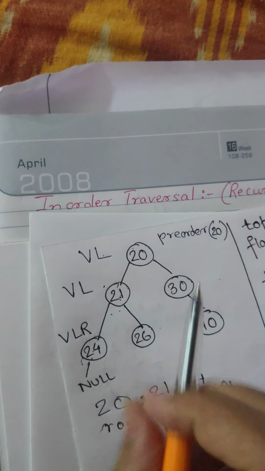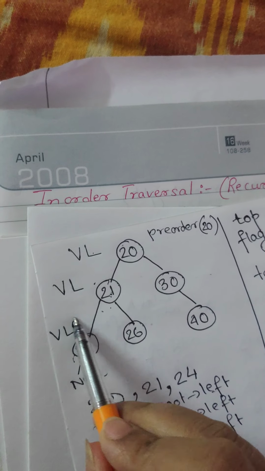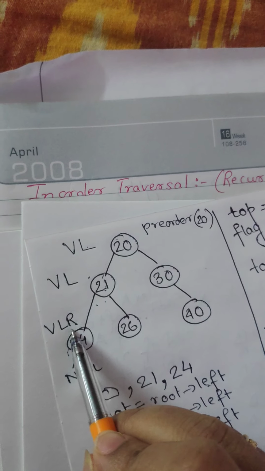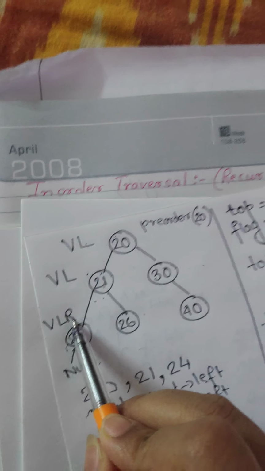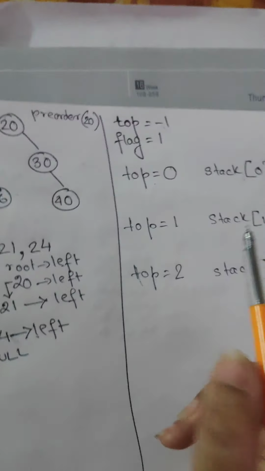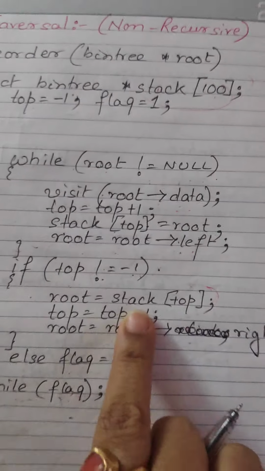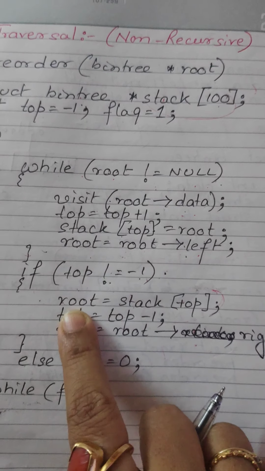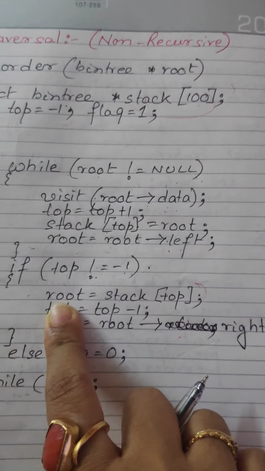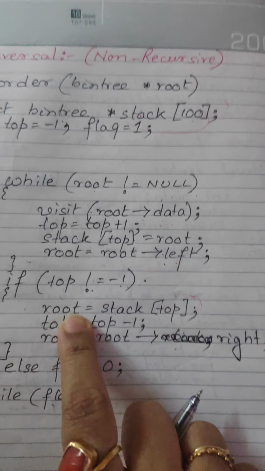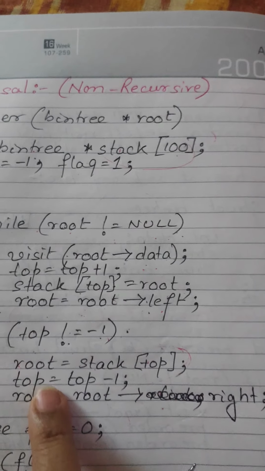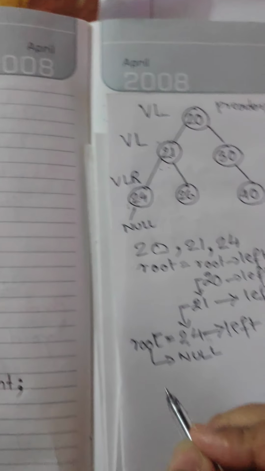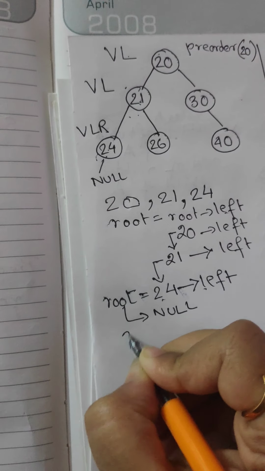Now according to pre-order traversal, we have to go to the right side of 24. So to go to the right side of 24, first we are popping it from the stack and making it the root again. You make 24 the root again. So since 24 is on the stack top, 24 becomes your root.